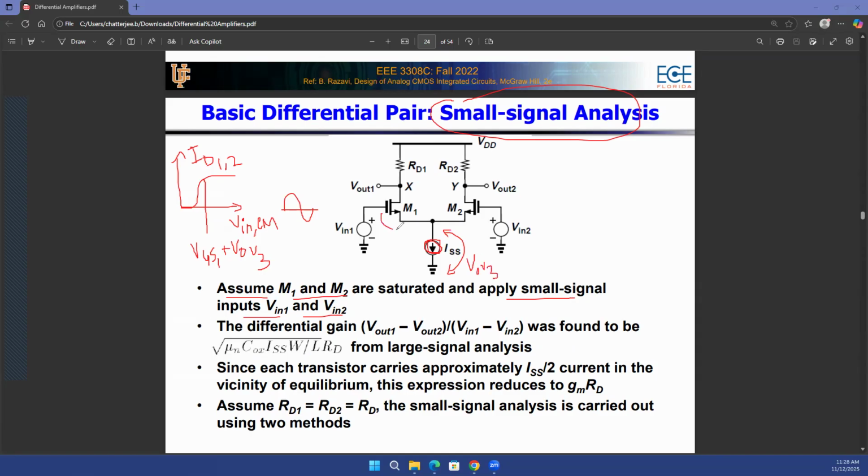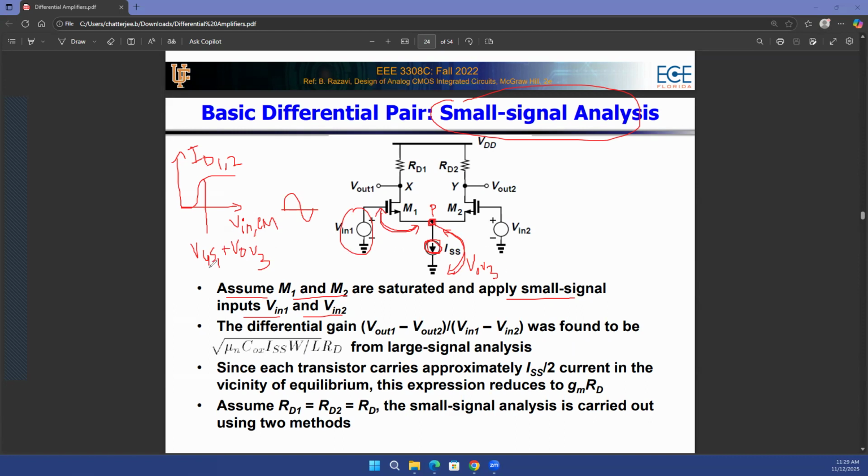And VGS of 1 is basically the voltage drop from the gate to this midpoint, which we called the point P in the previous diagram. So the input common mode has to be a combination of these two. If you follow KVL around the loop, that input common mode voltage is equal to the voltage drop across M1, gate to source, and the voltage drop across this current source, which needs to be V overdrive of 3.